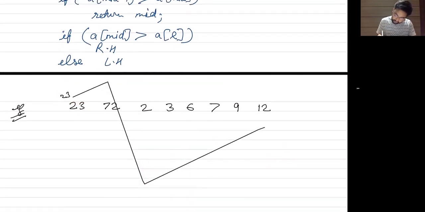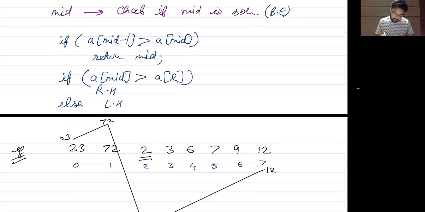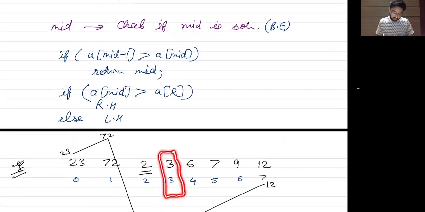This is 23, this is 12, this is 2, this is 72, right? And we have to know the break element in this, which is 2. So let me give these indices, right? So the mid element would be 0 plus 7 by 2, which is 3. So now I check if 3 is the solution. Is the left neighbor greater than 3? No. So that means 3 is not the solution.